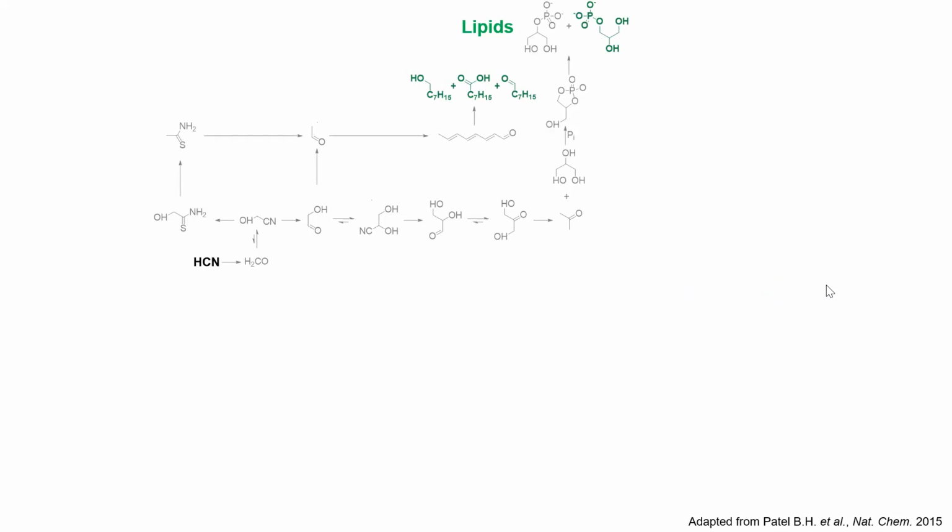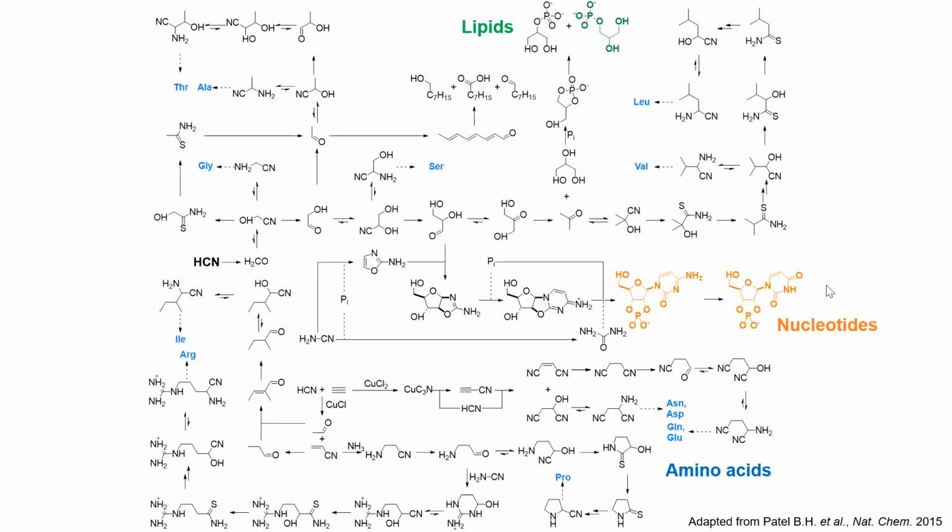So, putting everything together, don't look at the chemistry here, but this is just to show that all the building blocks of life, amino acids, nucleotides, and lipids, can have a common origin and could have originated from one very simple molecule, hydrogen cyanide, on early Earth.